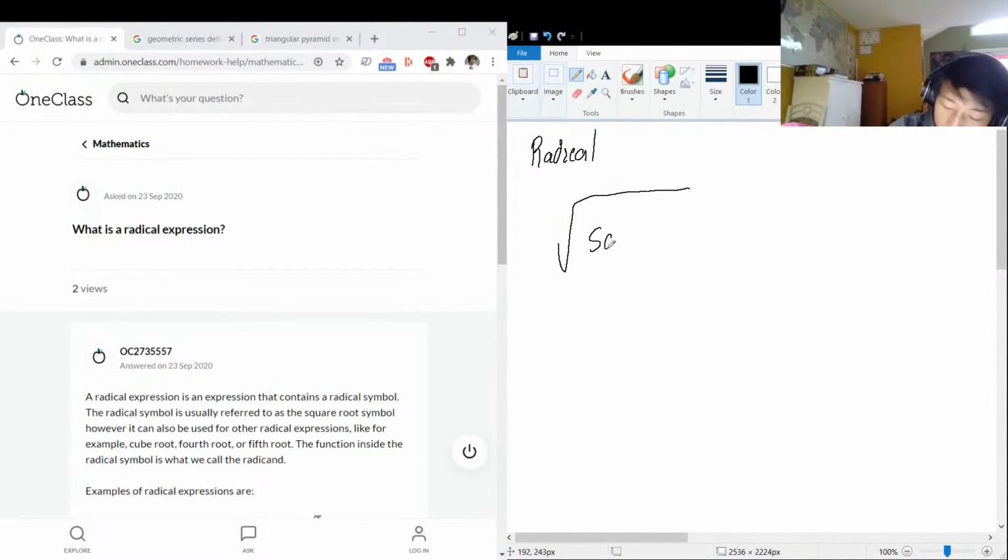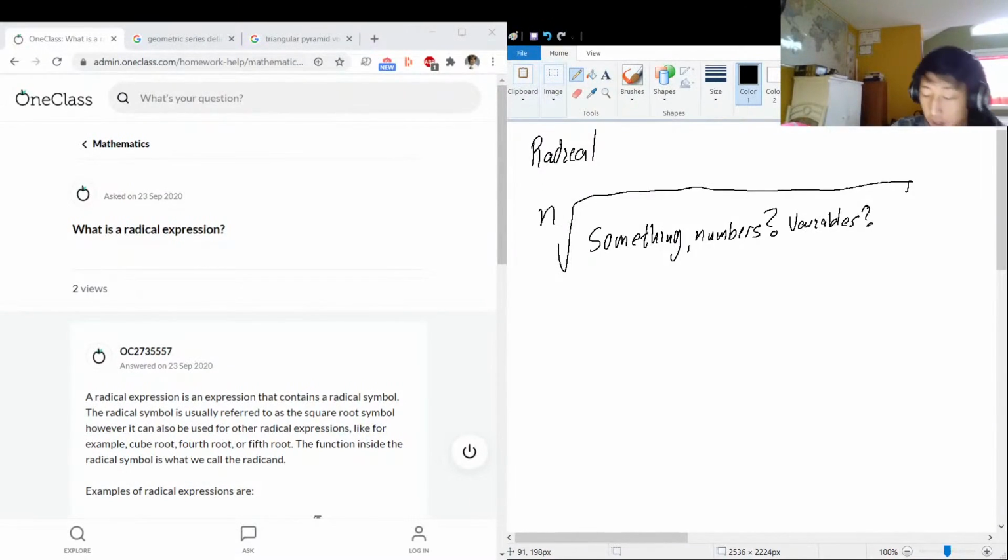You're going to have something, possibly some numbers, possibly some variables, anything that's underneath a root, and you might have a number here. And radicals, they're kind of tough to think about.